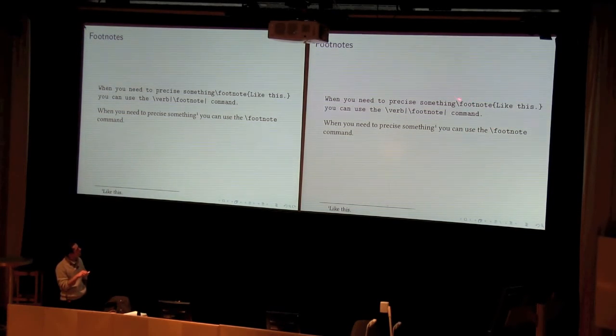After the word you want to note about, you use the command footnote with the text you want in the footnote, okay? LaTeX produces all the rest. The little number here is produced by LaTeX. If you have multiple footnotes on the same page, they will be numbered automatically, and so on, okay?